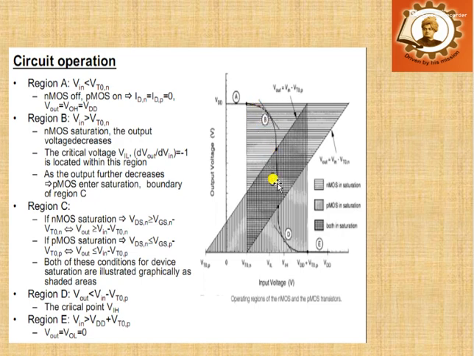For region C, both the MOSFETs are in the saturation region. For region D, your NMOS will move to the linear region and the PMOS will still be in the saturation region. For region E, your NMOS will still be in the linear region and the PMOS moves to the cutoff region.